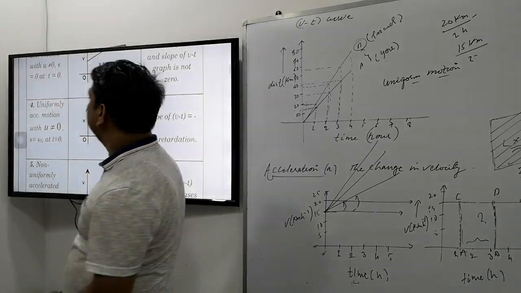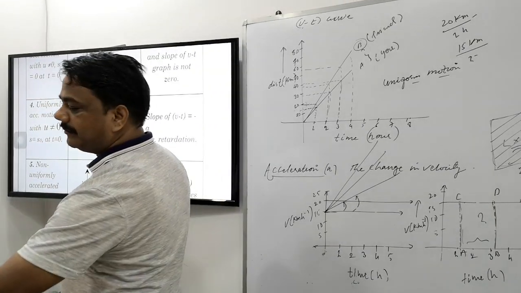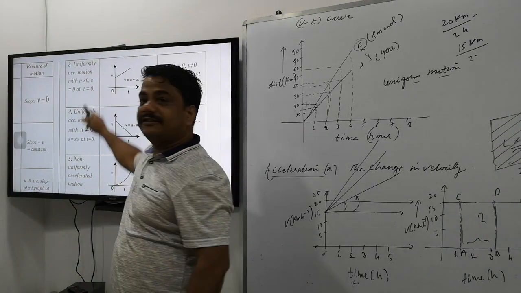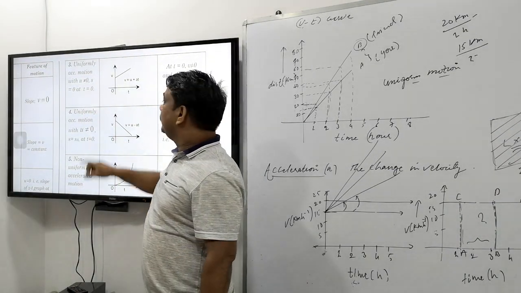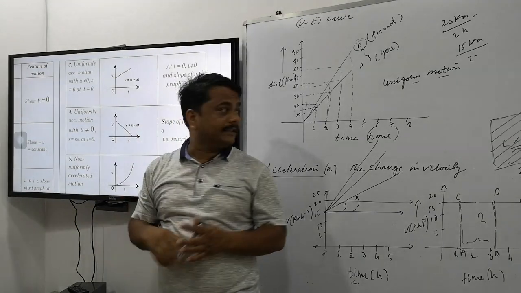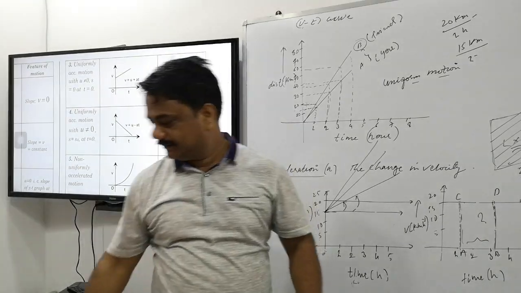Look at the next, the third. What is the physical condition being shown? The initial speed is not zero. Look here: the object is starting its journey from some non-zero velocity.